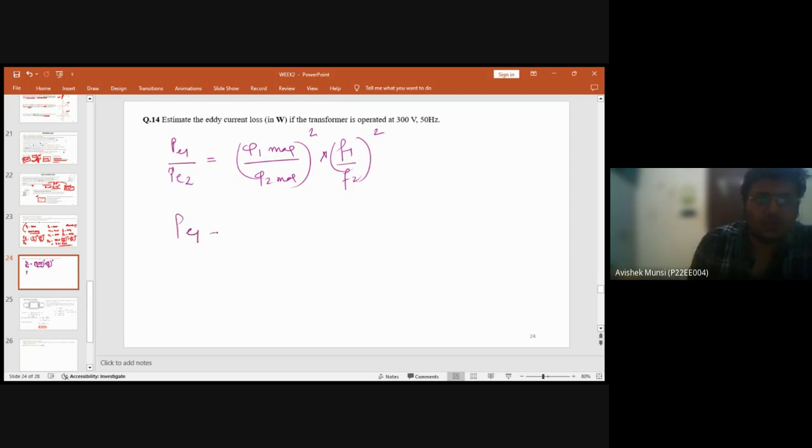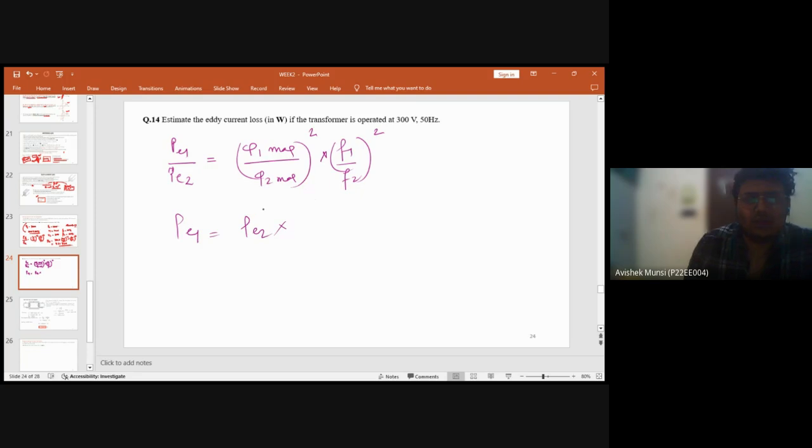So P1 is equal to P2 into phi1 by phi2, that is basically (V1 by V2) square. Right?